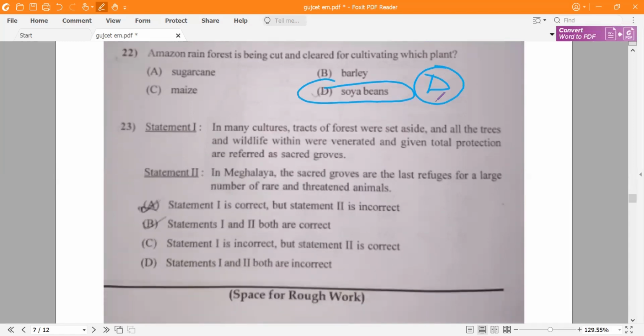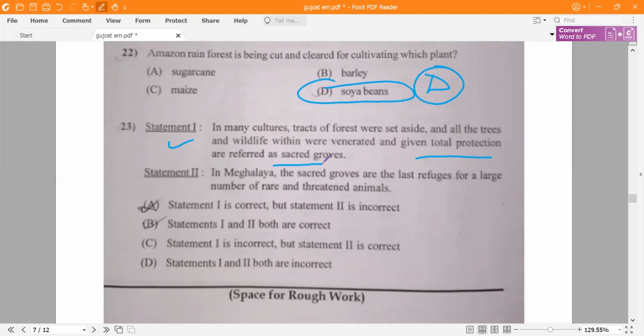Then in many cultures, tracts of the forest were set aside. All the trees and wildlife are venerated and given total protection, and they are referred to as sacred groves. It is true that in a lot of areas where there is tribal population, they set aside certain parts of the forest and will not even cut a leaf from those areas, or go hunting there.